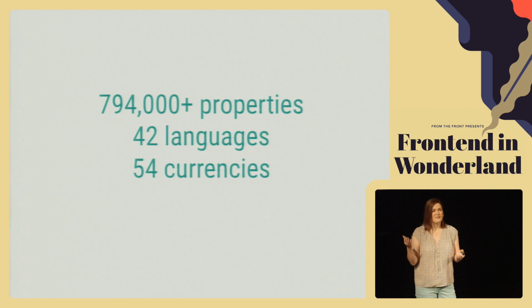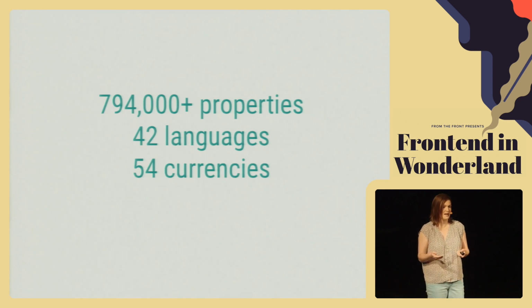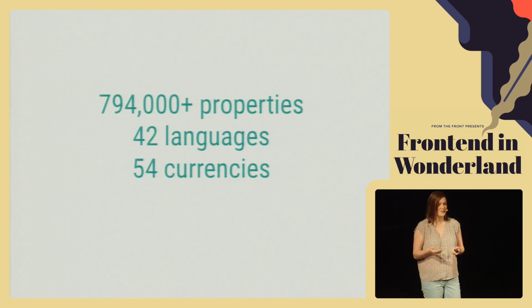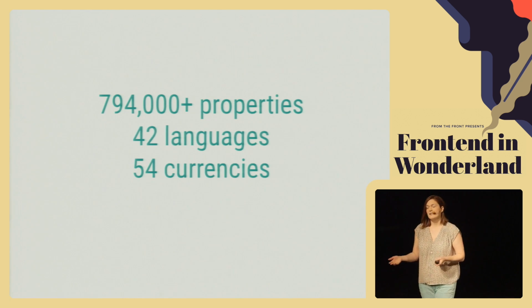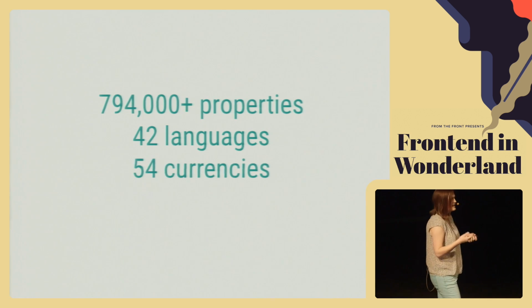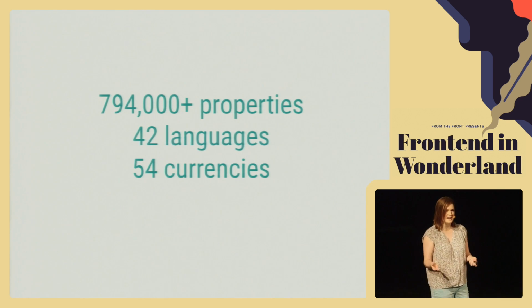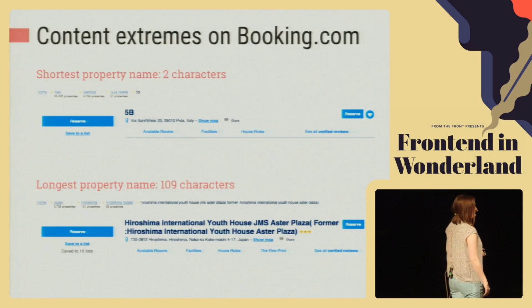So these are only a few of the over 794,000 properties providing Booking with their content and photos for us to display. That content then has to be translated into 42 different languages, and the prices that you see on the site are in 54 different currencies. So the things that I design have to be incredibly flexible to fit all this incredible variation in content.